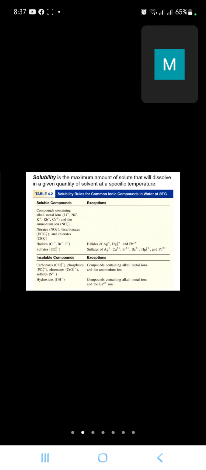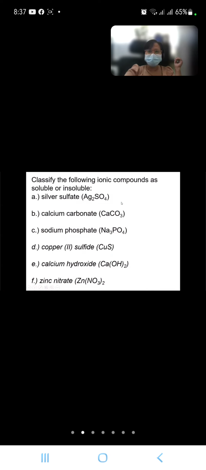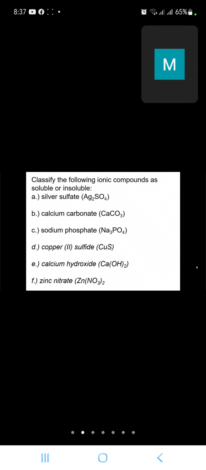Yes po. Okay, let's continue. You try to answer this. For letter A, silver sulfate is insoluble po.